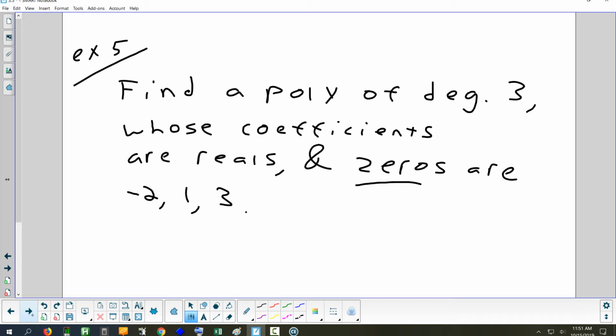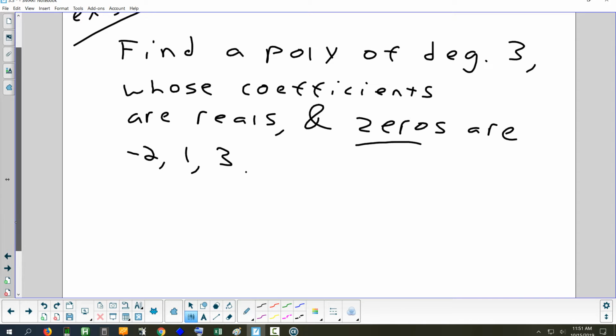So, I want you to find a 3rd degree polynomial where the roots of it are -2, 1, and 3. Let's start with the -2. I'm telling you that -2 is a 0. That's what it says in the problem. Based on that page I just had up, can somebody tell me what else that means about -2? If -2 is a 0, then -2 is also what?